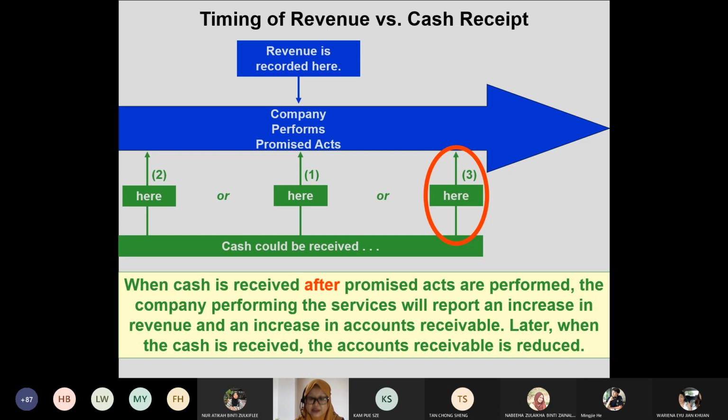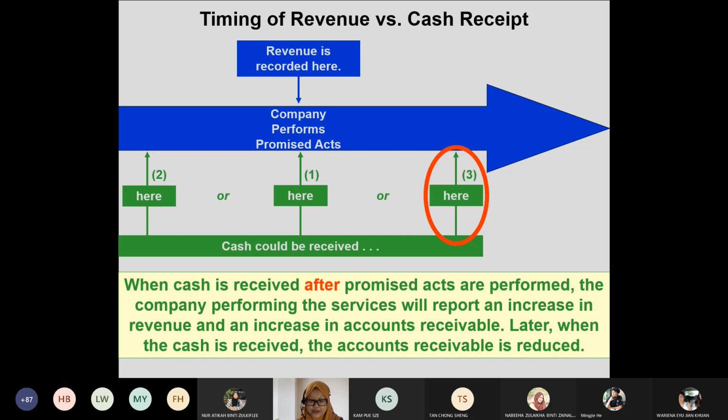They already provided the services, so the company will report an increase in revenue, and at the same time they will report an increase in accounts receivable, because accounts receivable here means that they will receive cash in the future. Okay, so this accounts receivable is an asset account.